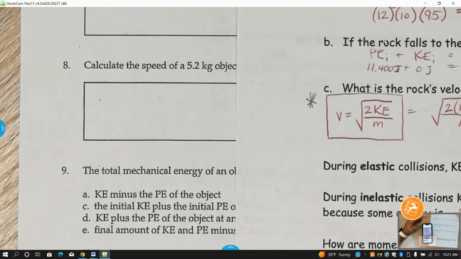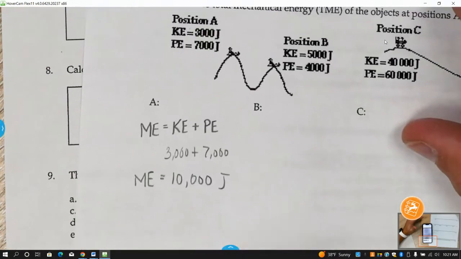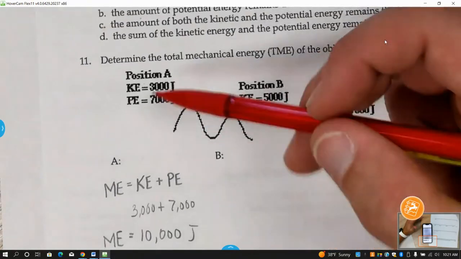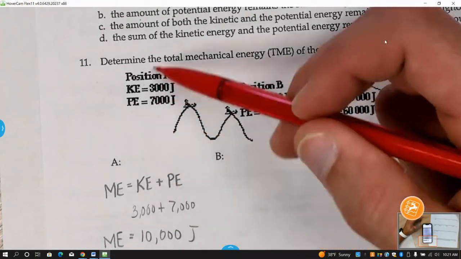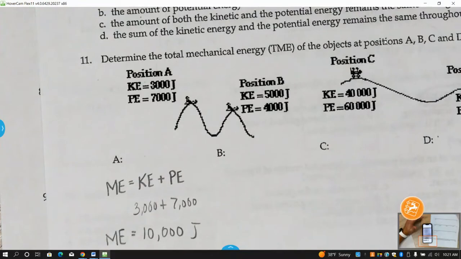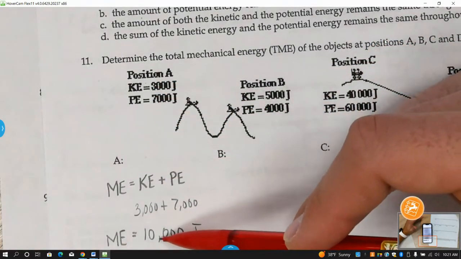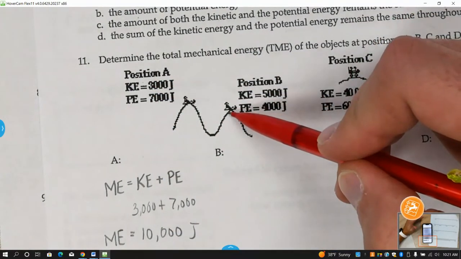Because they want the mechanical energy at any one of those points. Mechanical energy is kinetic and potential at any single spot. So in this case, you're going to just add them together. That's it. Now, if this was a perfect system with no friction, when you add these two to get 10,000, you should also get 10,000 here.